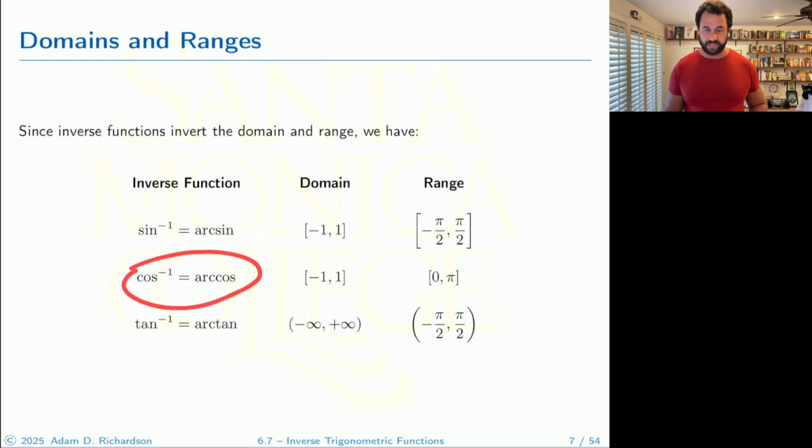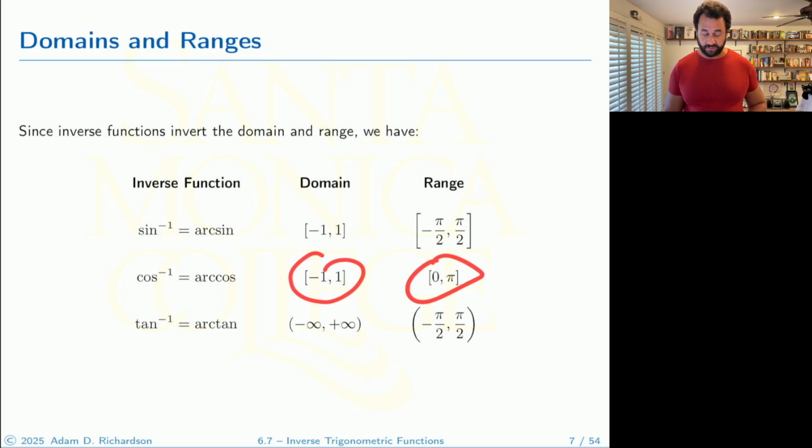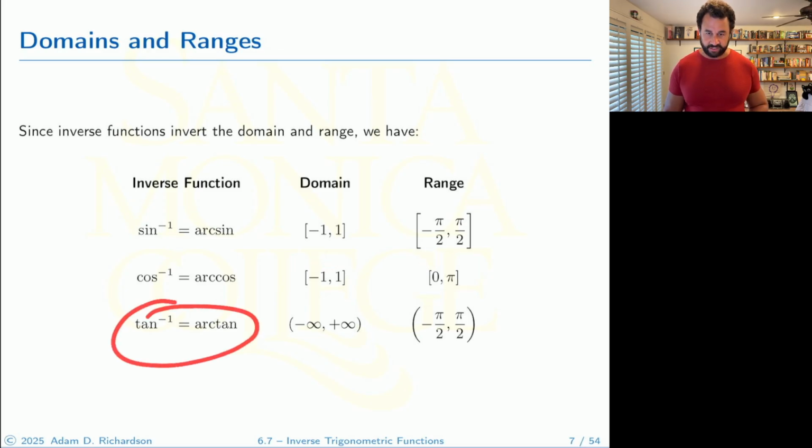Cosine inverse, otherwise known as arc cosine, goes from -1 to 1 to 0 to pi. And then arctangent, the inverse tangent function, goes from -infinity to infinity to -pi/2 to pi/2 because they've just inverted the domain and the range. And we'll talk more about this notation in just a moment.